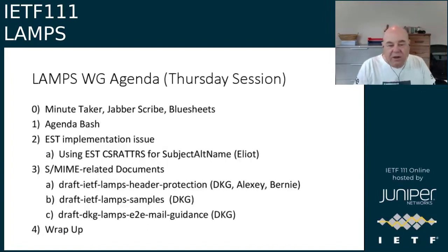And then on Thursday, we'll talk about EST CSR attributes for alternate names and the various SMIME related documents. The reason that the item number 2 on this list was pushed is because this slot is conflicting with Anima, and Anima is the one that has raised this topic for discussion.